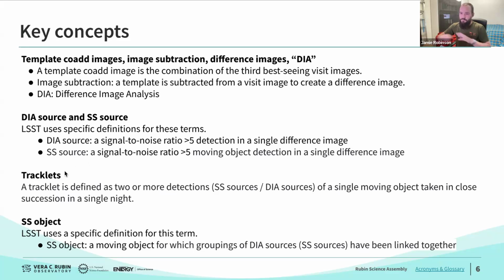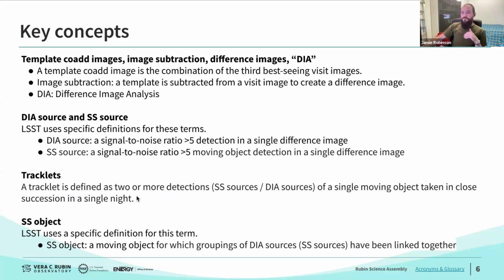So that's what makes it specific to solar system. And as I mentioned, these solar system objects are moving objects, so that's why they appear in these difference images. One night the asteroid might be in the field of view, the next night it's moved on to a different position in the sky because the asteroids and comets are moving on their orbits.